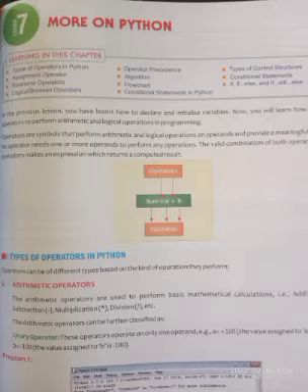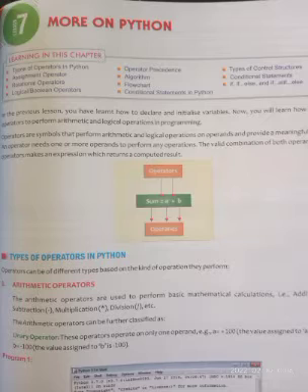Earlier the value of a was 10, so 10 plus 100, and the next value of a will be 110. That means 10 plus 100, so the value of a will become 110. So that is your unary operator.